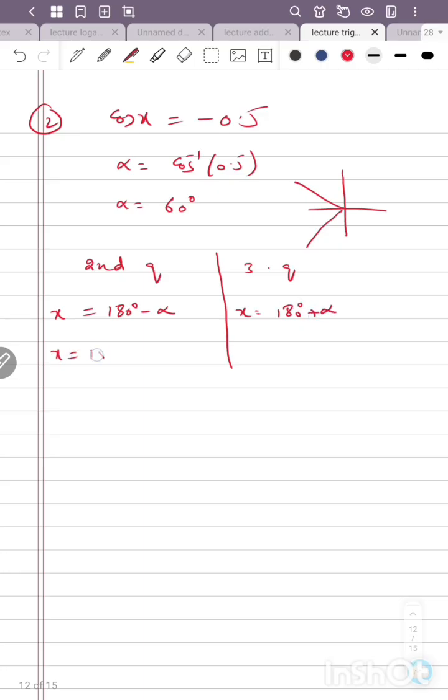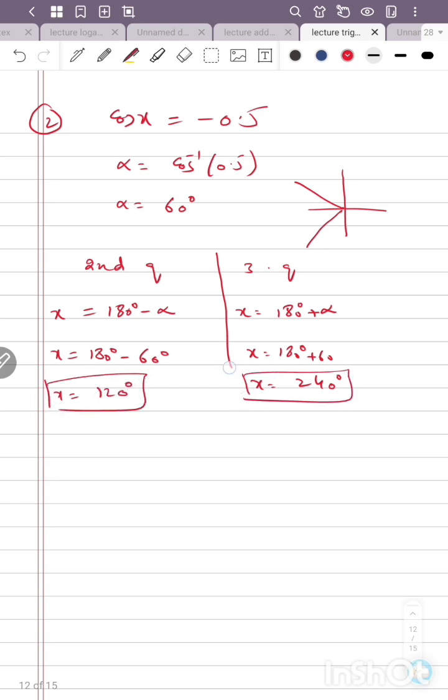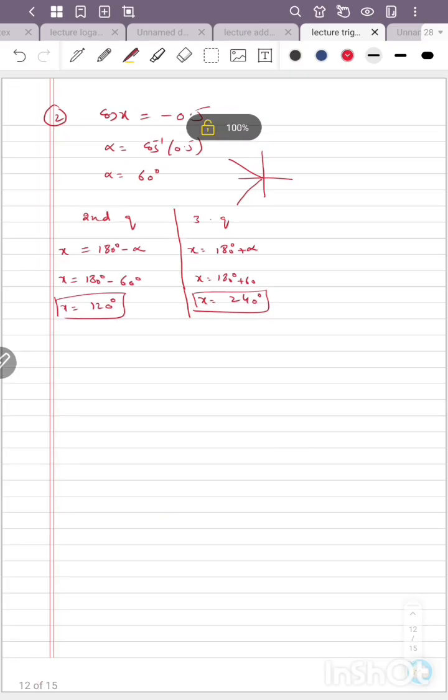Here x is 180 plus 60 degrees, we got x equal to 240, and 180 minus 60, we get the answer 120. We got these two answers. Okay, dear friends, now move forward.